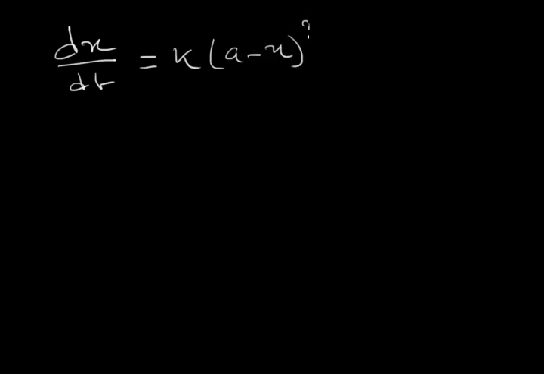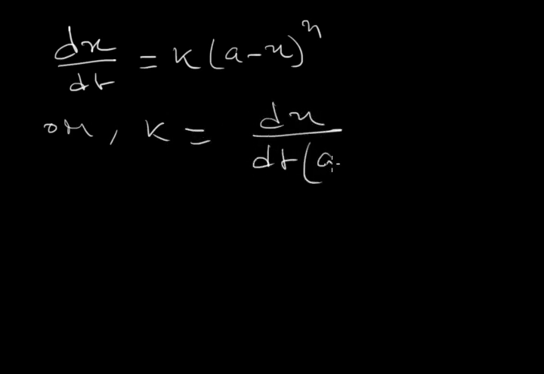Now, dx dt equal to K into (a minus x) whole to the power n, or K equal to dx dt divided by (a minus x) whole to the power n.